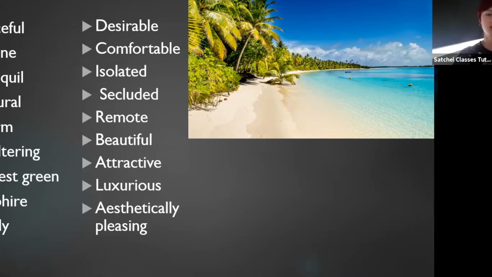So it's really just a collection of ways that you could describe it. There are, of course, many more describing words that you could use for these pictures, but this is just to give you a bit of an example.